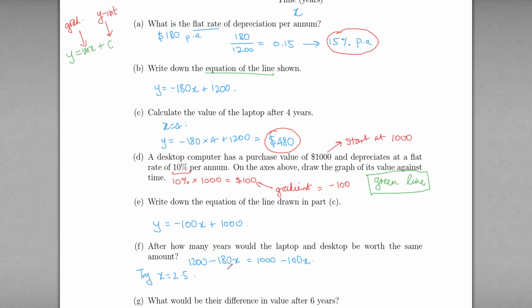Left hand side would be 1200 minus 180 times 2.5, so that's 750. Right hand side is 1000 minus 100 times 2.5. It's also 750. So we got lucky and it was good, which means the final answer is going to be 2.5 years.